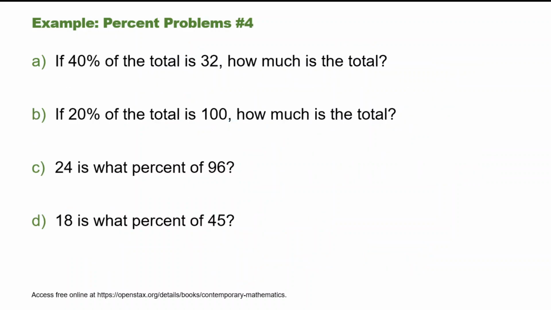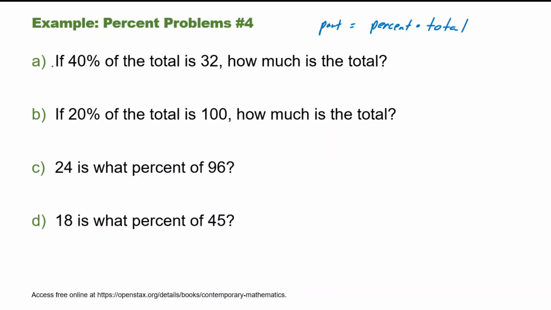Example, percent problems number 4. Part A. If 40% of the total is 32, how much is the total? Right, well, if we use the same formula, part equals percent times total, we can replace in that equation what we have.